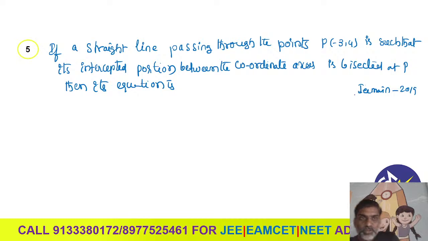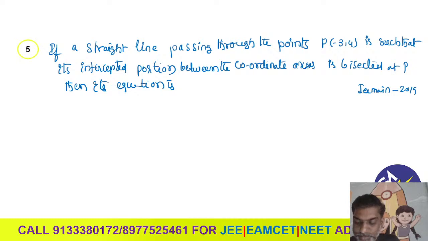Okay now, what they are saying here: if a straight line is passing through the point P (minus 3, 4) is such that its intercepted portion between the coordinate axis is bisected at P, then its equation is.